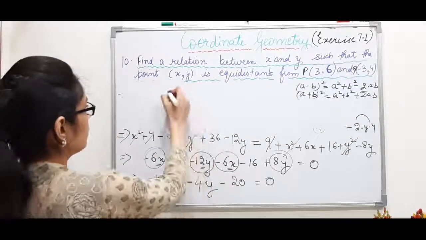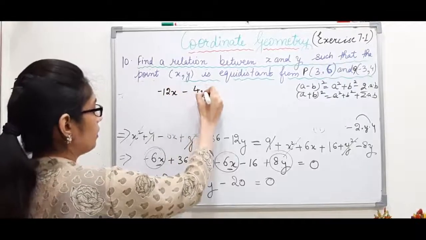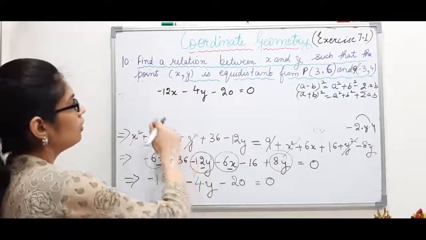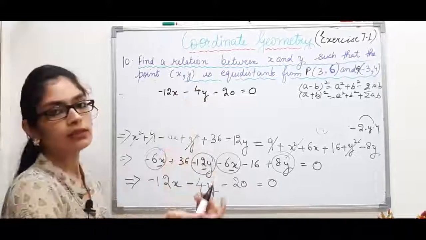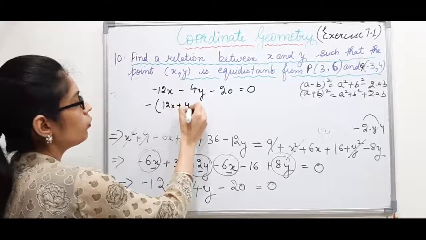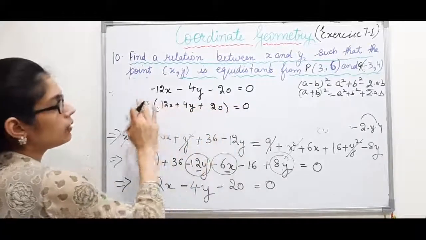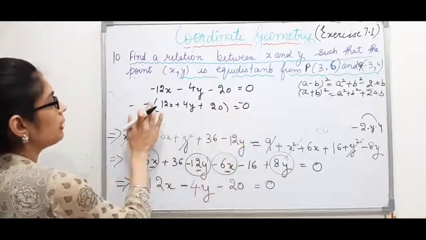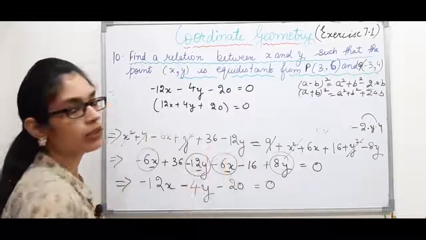I have got this equation, minus 12x minus 4y minus 20 is equals to 0. So all the terms, they have minus sign, so minus I will take common. So 12x plus 4y plus 20 is equals to 0. So this minus, we will multiply both the sides with minus sign, so minus and minus sign it will change to plus, so minus it will get finished.